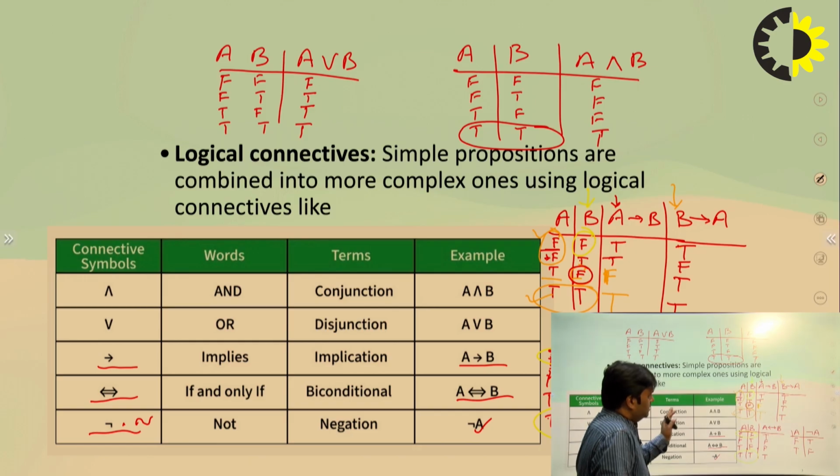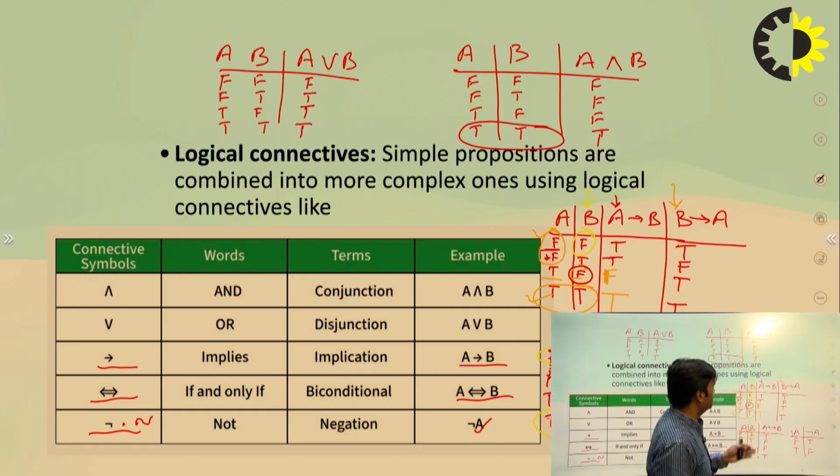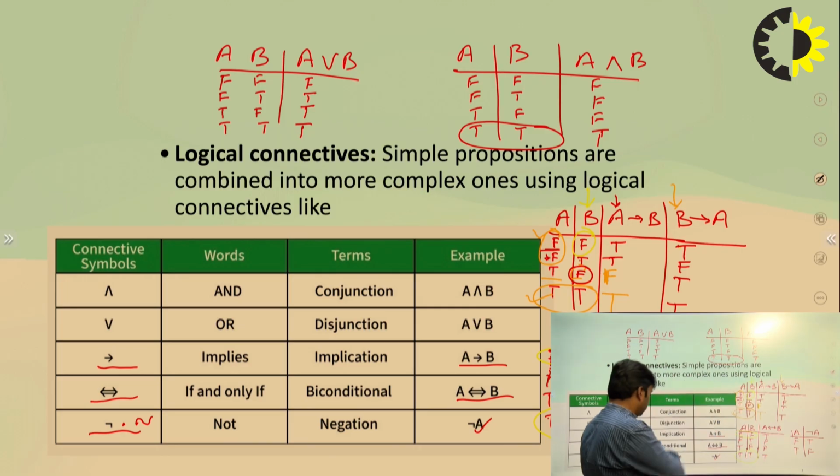So these are the truth tables for these logical connectives. This is for OR, this is for AND, this is for conditional, and this is for biconditional.